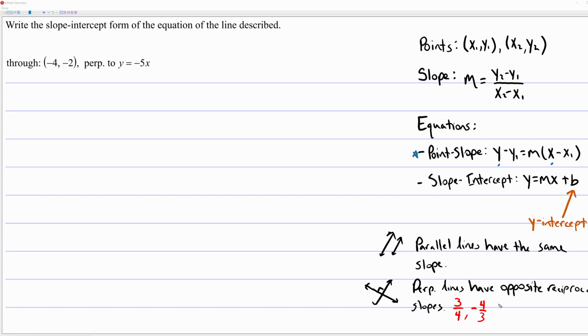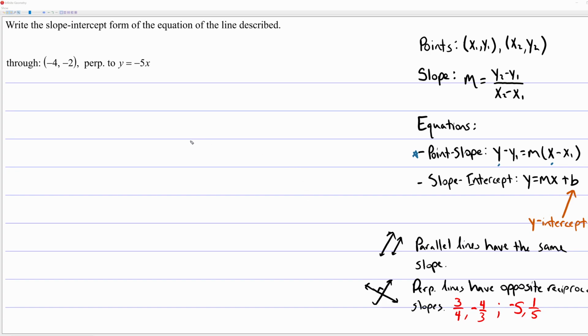Another example, if one line had slope -5, a line perpendicular to it, well, the opposite of negative is positive, and the reciprocal of a whole number is 1 over that number. So two lines with slope -5 and positive 1/5 would be perpendicular. That's actually the example involved in this problem.